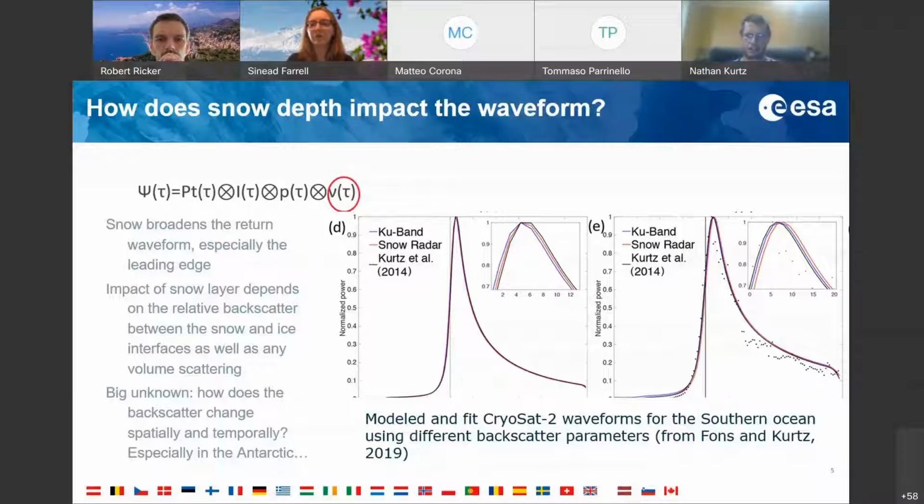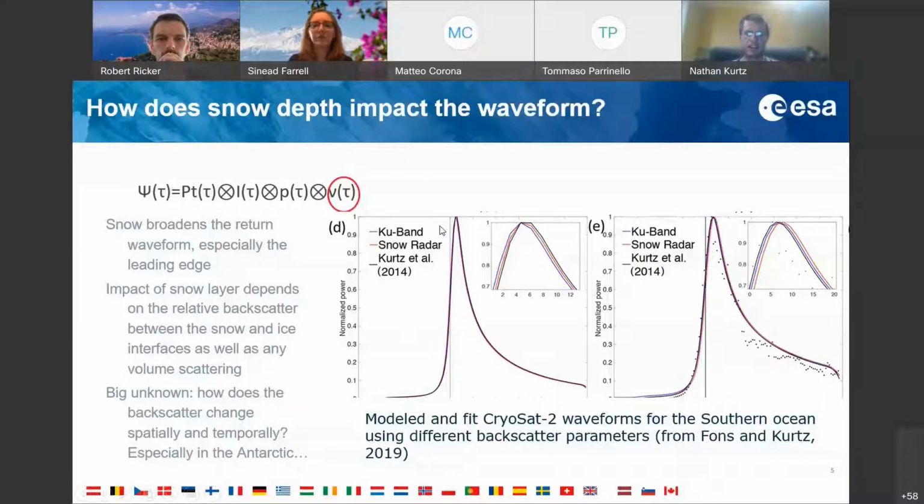The black dots are the CryoSat 2 waveforms, but then simulating or running the model with different relative backscatter between the snow surface and the ice surface, that's shown here with these different colored lines.